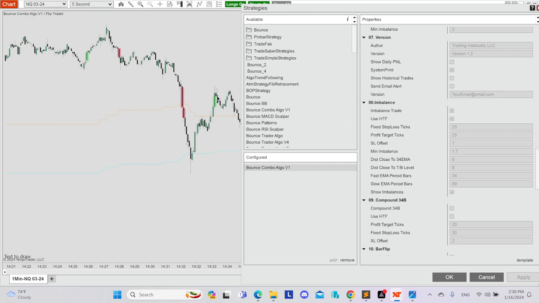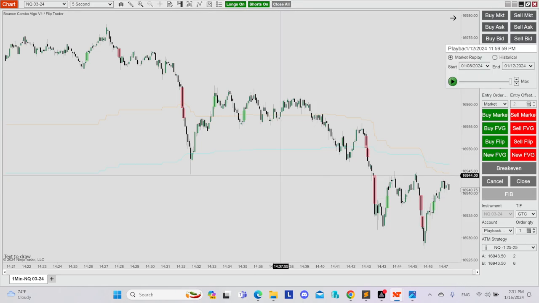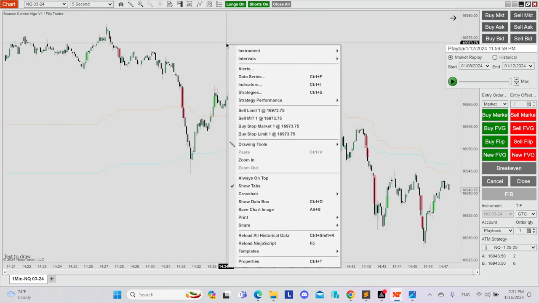It's counting the distance between the top level and this 34 EMA, and the idea is when price retraces to the 34 EMA, which are these lines, see, they are being plotted from a higher time frame.